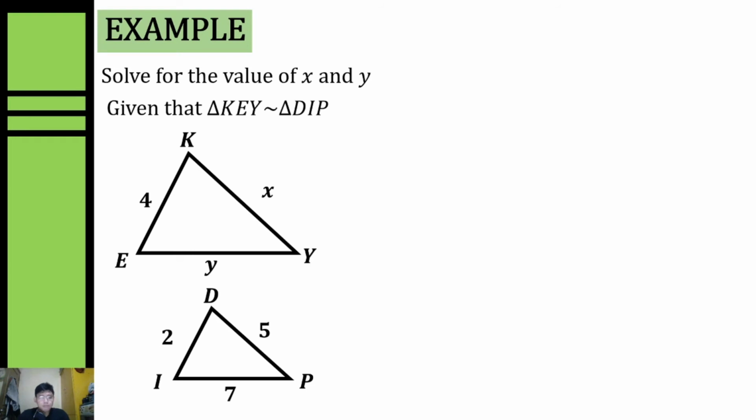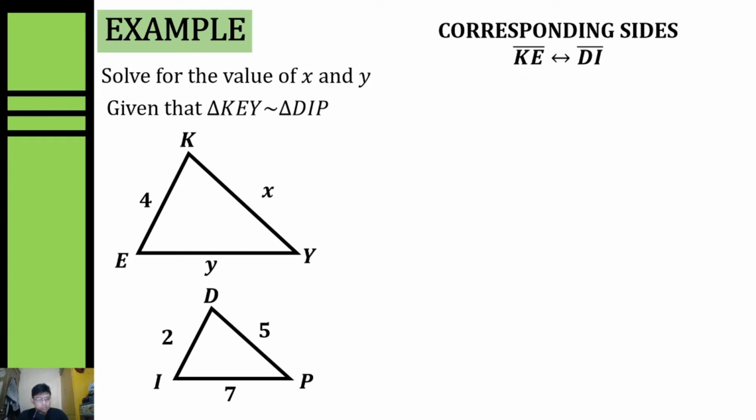For this example, we're going to solve for the values of x and y, given that triangle KEY is similar to triangle DIP. Knowing that we have similar triangles, we have to identify our corresponding sides. KE corresponds to DI, EY corresponds to side IP, and KY corresponds to DP.